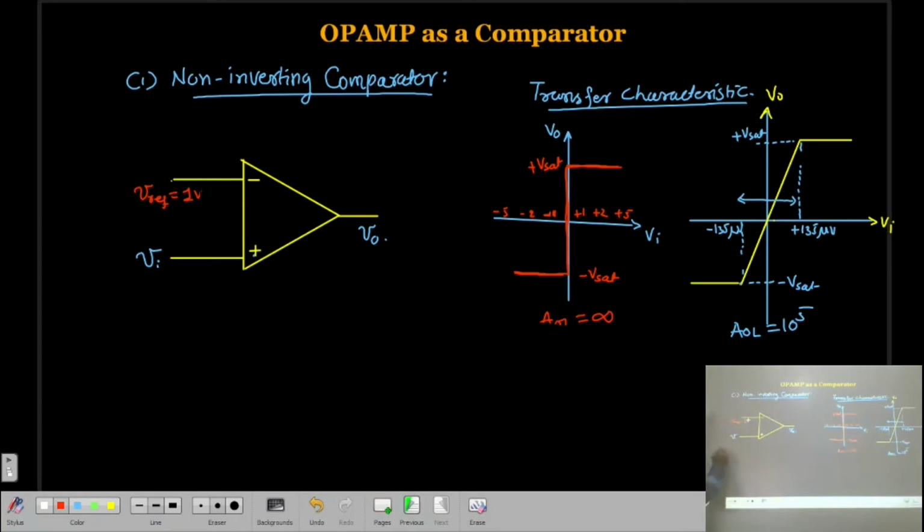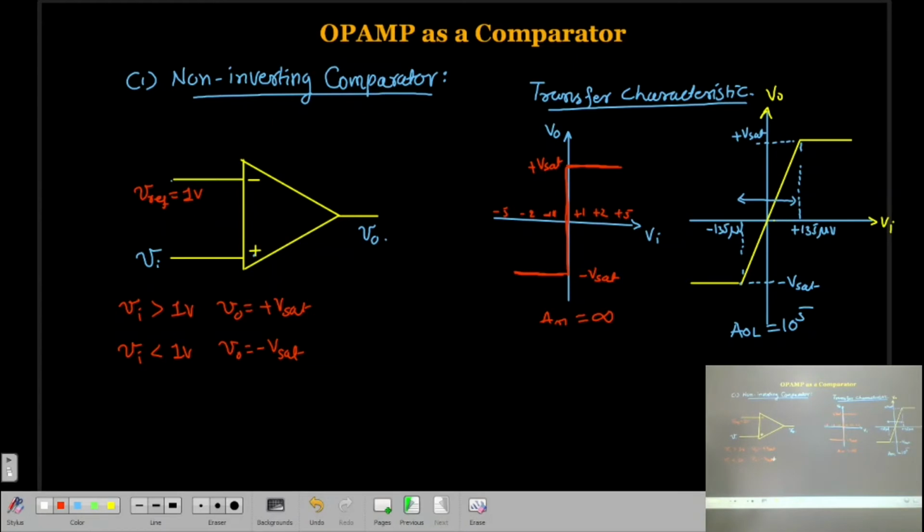Remember, when this input voltage is greater than 1 volt, the output will be plus V saturation. And if this input voltage is less than 1 volt, the output voltage will be in minus V saturation.